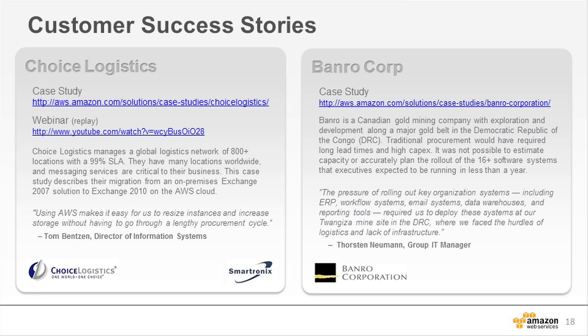The other case study is Banro Corp, a Canadian gold mining company with some African mines and processing. You can read all about it on the website. The next slide is a few selected partners who specialize in Microsoft Exchange workloads.